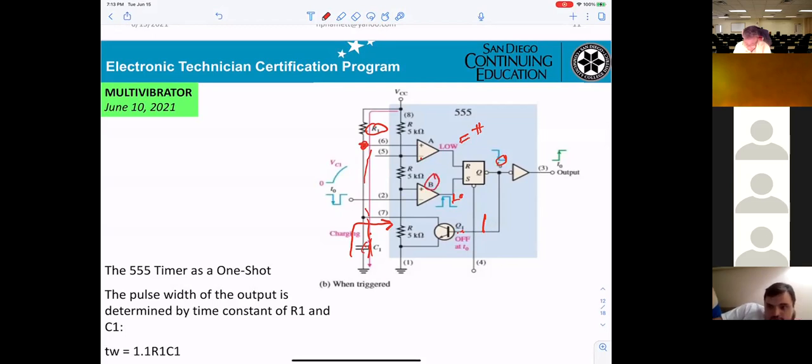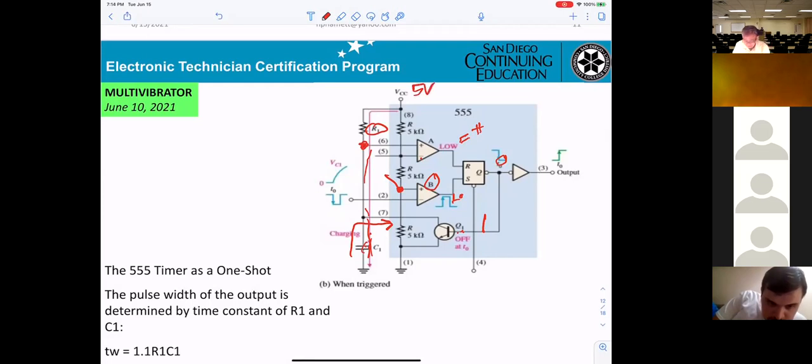See here, right? When it is 0, that means the negative has to be higher than the positive. Now normally what does the positive want here? It's 5 volt, so normally using 5 K ohm here.